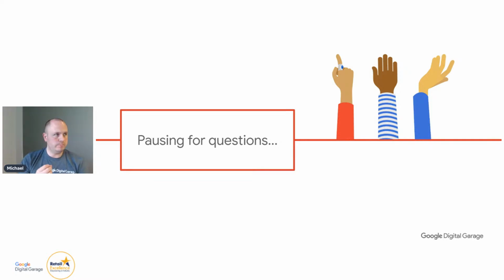To set them up in a relatively straightforward way, if people land on a certain URL as a completion or thank you page, that makes it very simple. If it's a phone number, you can input that. And for more information, you can go to the Google Digital Garage site, where we've got a couple of different modules around setting up goals in Analytics and also on Tag Manager as well.